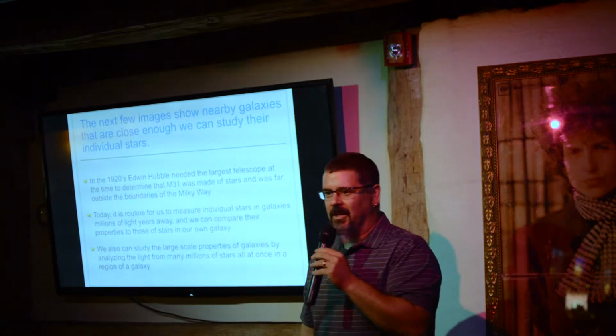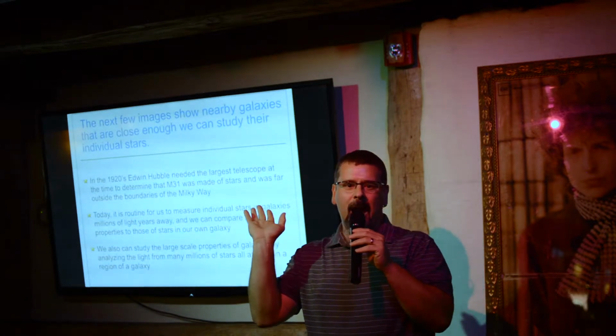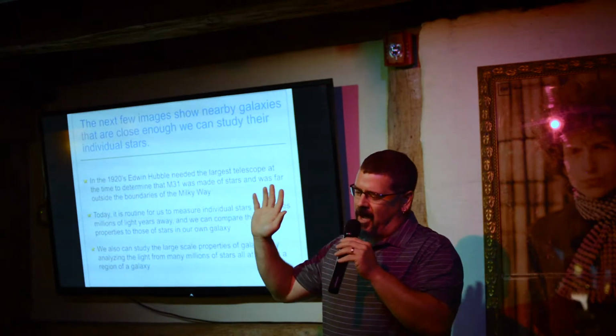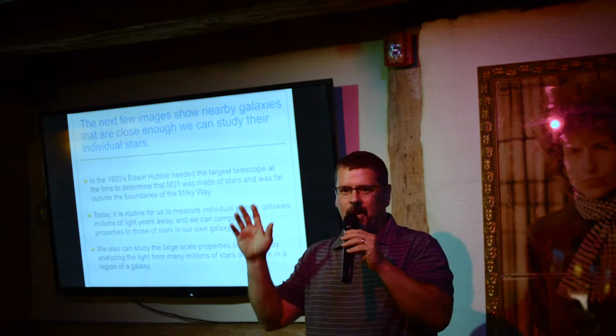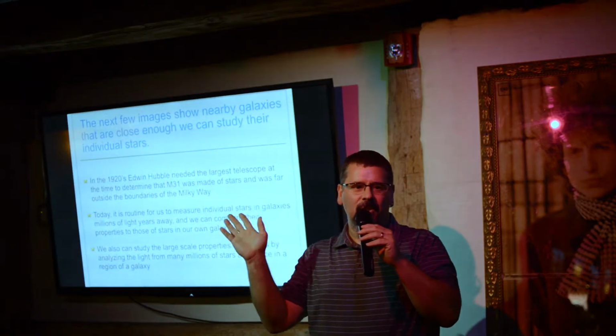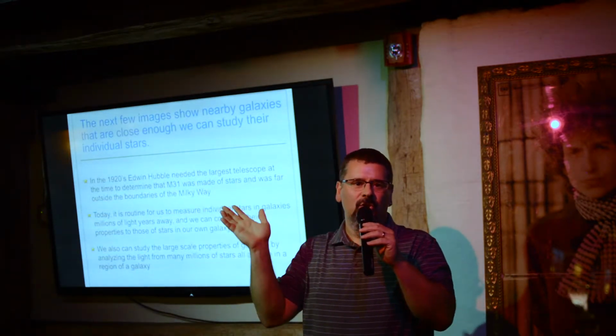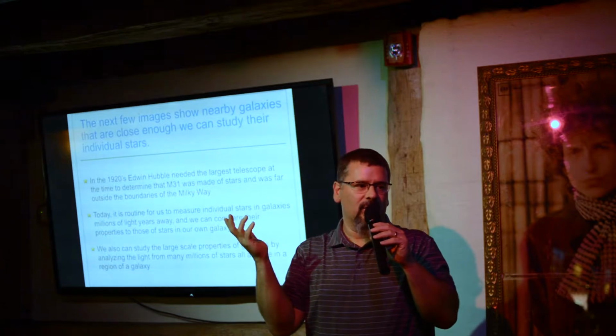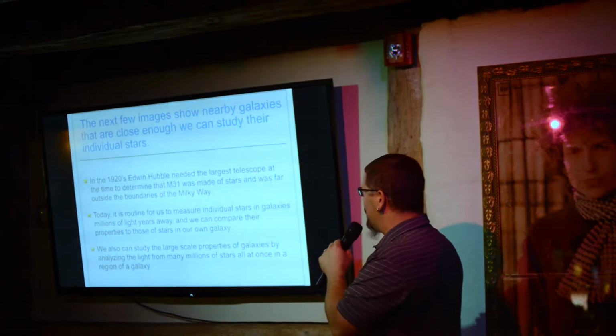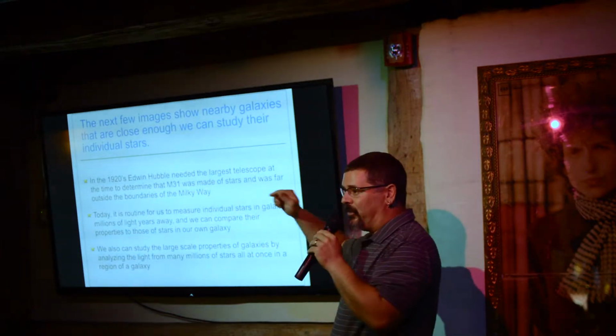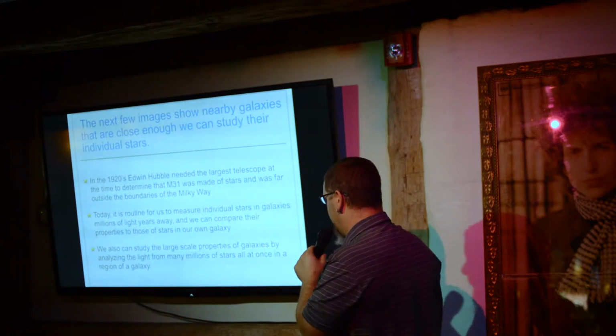Now it's routine. You can grab a telescope, maybe $100,000 or so, get a digital camera, take an image, and start resolving these nearby galaxies into stars. So it's pretty routine for us to measure individual stars in some of these galaxies anymore.